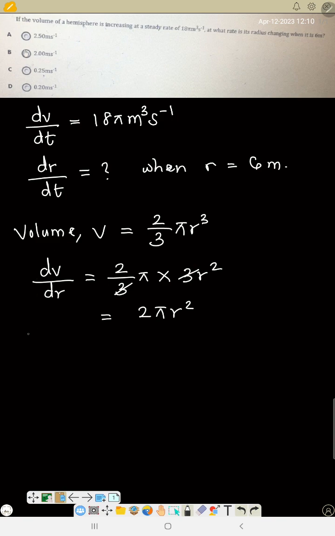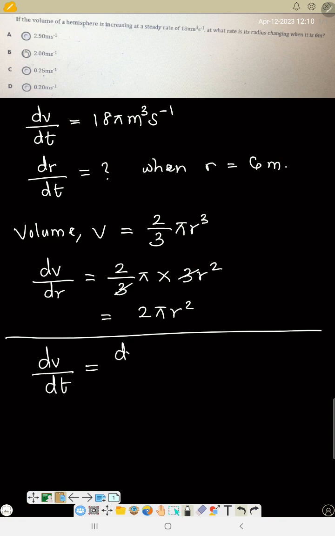Now the formula for your dV/dt is dV/dt using the chain rule. That will be dV/dr times dr/dt. If the dr cancels out, it remains dV/dt. So this is the formula that connects everything, your chain rule.